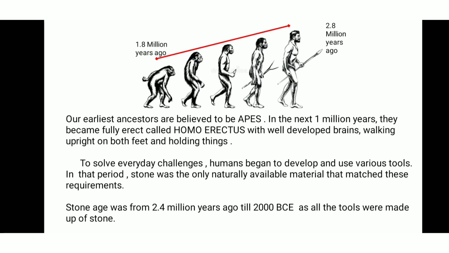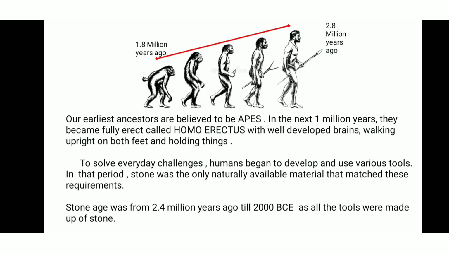And to solve everyday challenges, early humans began to develop and use various tools. How did they make those tools? Using one naturally available material, that is called stone.